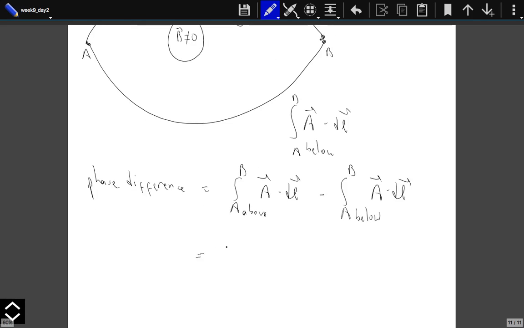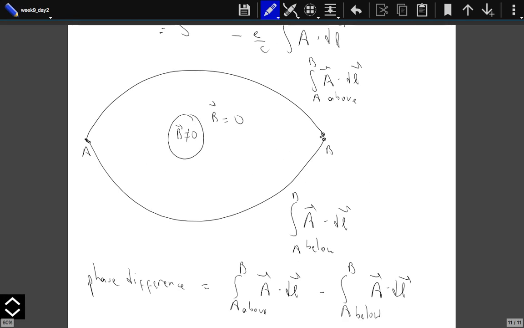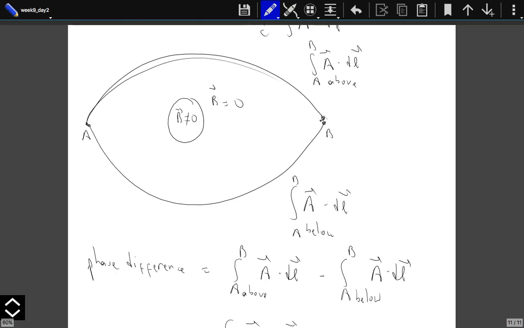Well, I can just combine them, and it will just give me the integral of A dot dl around that closed path. So I just go from A to B above. Well, minus from A to B is nothing but plus from B to A, just change the order of integration. Instead of going from A to B, go from B to A in the second integral. It will change the sign. So I first go from A to B above and then from B to A below. I sum them up, and that is my loop integral.